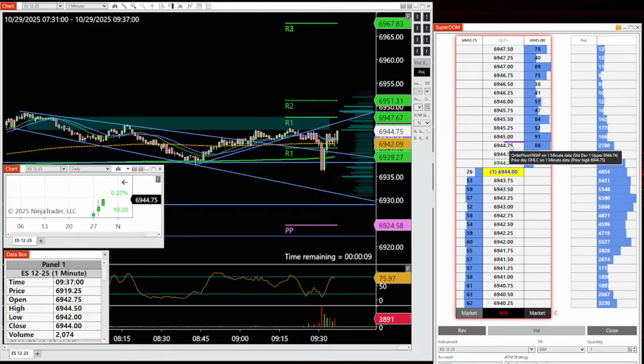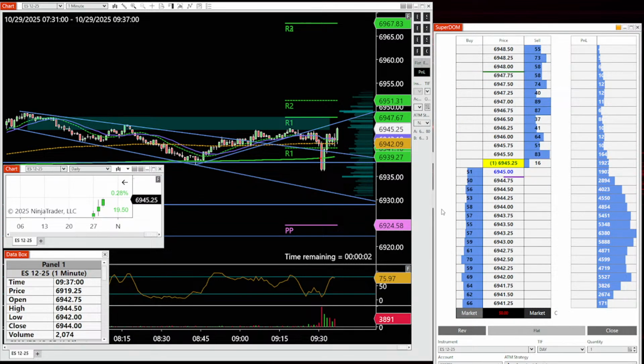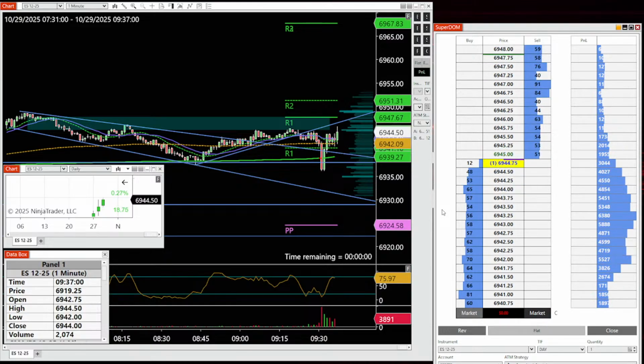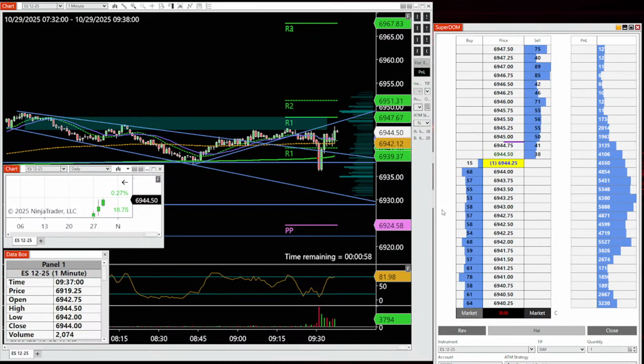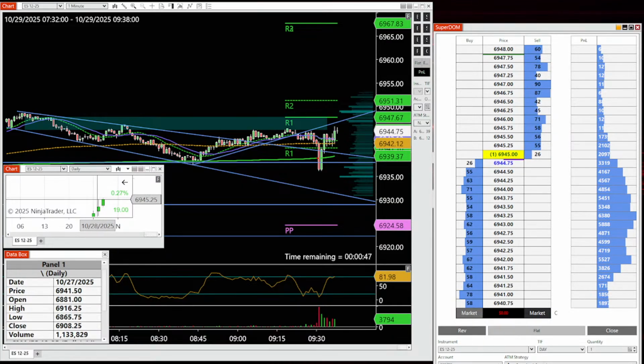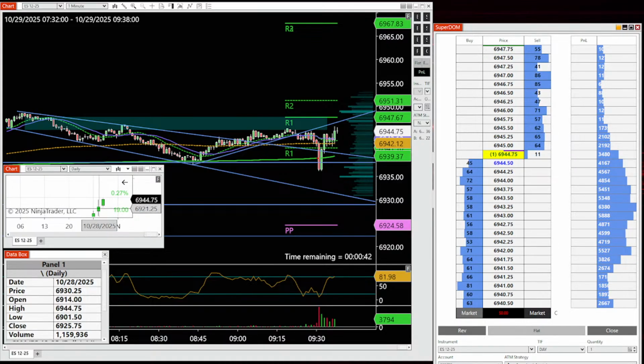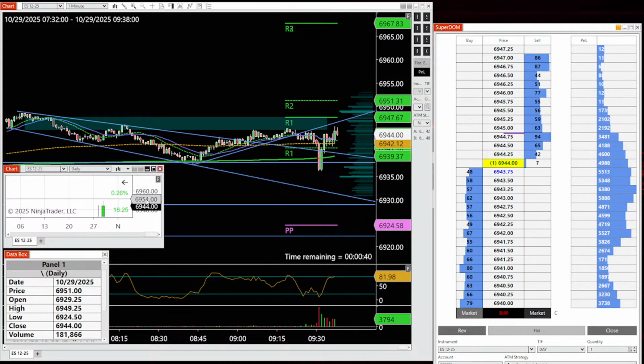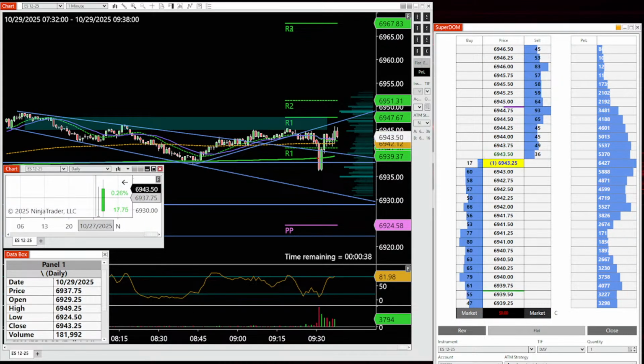It's something that I hid because I'm not using it. $44.75 is the previous day's high right here. So we can go over and under 44.75 for a little bit.